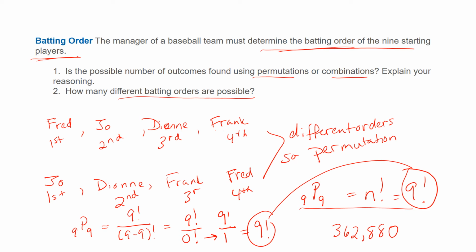So you want to keep that in mind. 0 factorial is defined as 1. There aren't any integers less than 0. So realistically, it may not seem to make sense, but we define it that way so that our formulas will work out correctly.